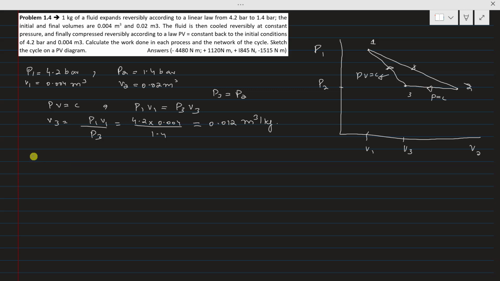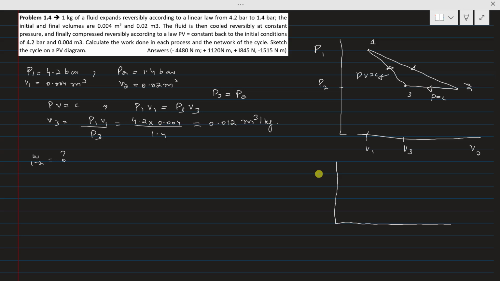Next we need to find the work output from process 1 to 2, that is our concern. So just consider the work obtained from process 1 to 2. I am just writing it on the PV diagram only, and not writing the rest here, for easy understanding and easy calculation.